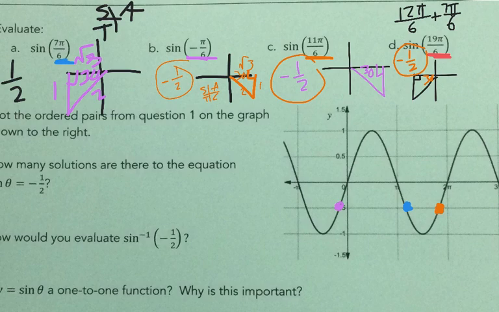And so what do you notice about all of those points? They have the same y value, but different x values. So how many different solutions are there to this equation? Mostly everything we've done until this point, we've been finding sine, cosine, tangent of an angle.